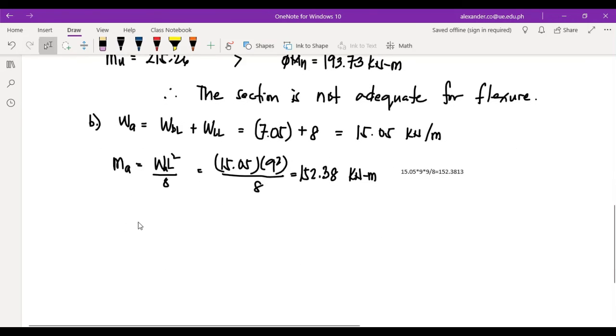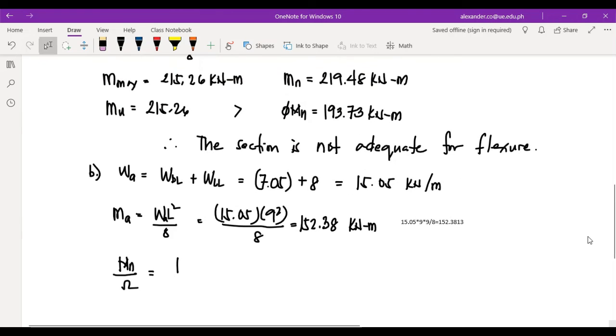Okay, ano naman i-compare mo yan? I-compare mo yan sa nominal moment divided by omega. Omega is 1.67. So, ano yung kanina? 219.48. I-divide natin ng 1.67.